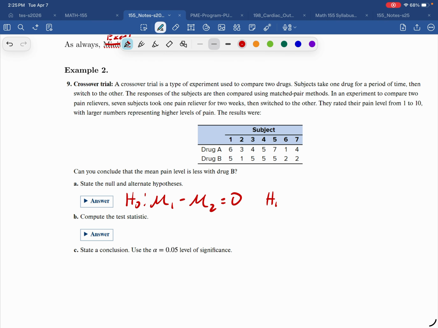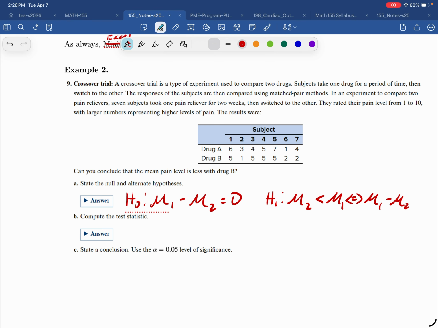The alternate hypothesis is that, if the mean pain level is less with drug B, then we would want mu2 to be less than mu1, which is the same as saying mu1 minus mu2 is greater than 0, right? Be careful with the way that they word these things.